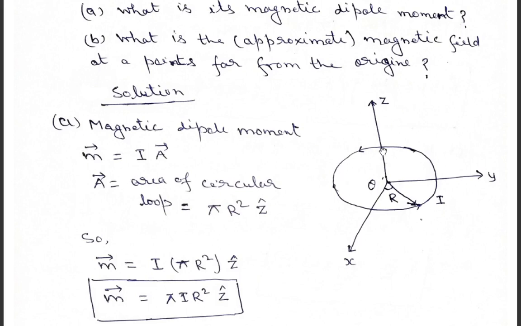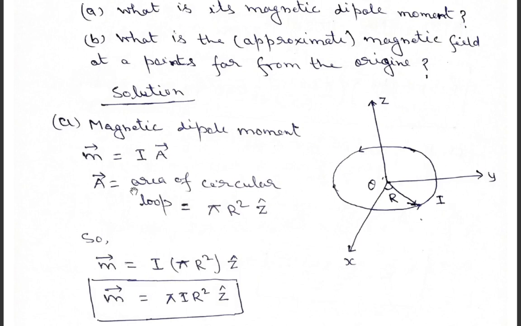So what we know is the current, which is given in the problem, and the radius of the circular loop is given, that is r. It means we can find the area. Obviously, the loop is kept in the xy plane, so the area vector will be along the z direction, because this loop is kept in the xy plane.